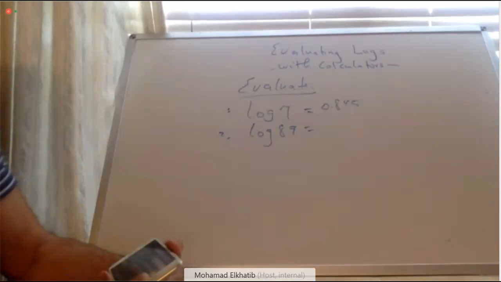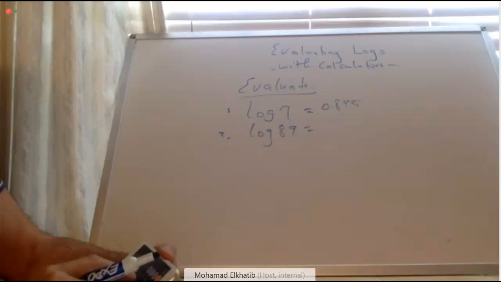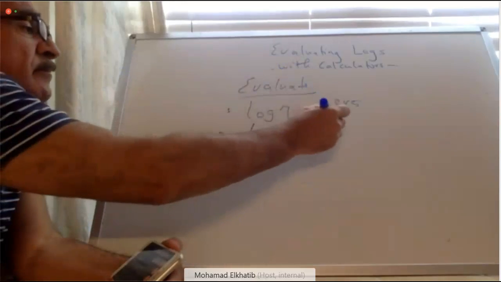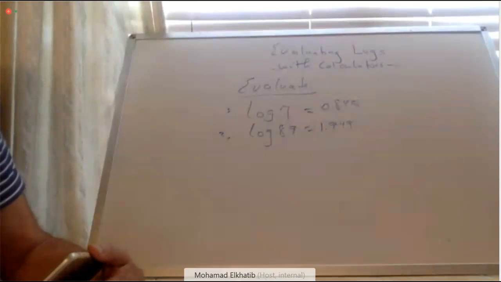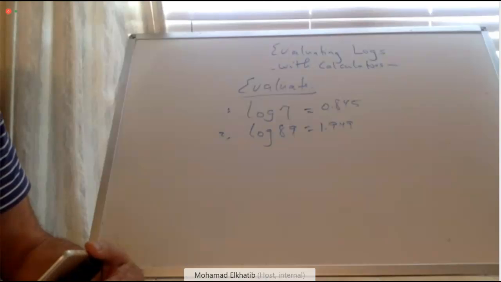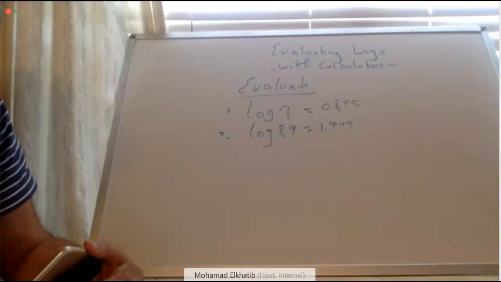So really, the only way is to use a calculator. I press 89 and log. I get 1.949. Now, does everybody know how to use a calculator to find the logs? Are we good?